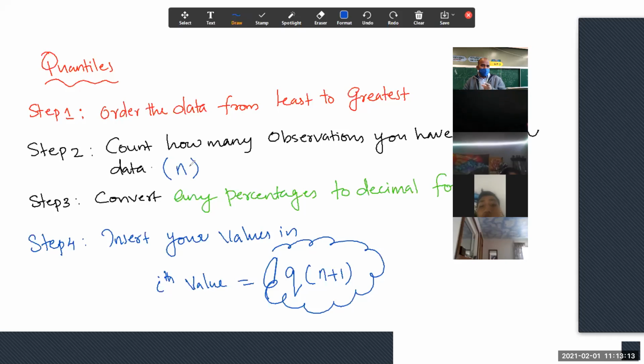So you can replace with that value. And Q represents the percentage as a decimal, so you can plug that value here. So Q into n plus 1 represents the quantile of the data. So I hope you already took a screenshot of these steps: step 1, step 2, step 3, and step 4.